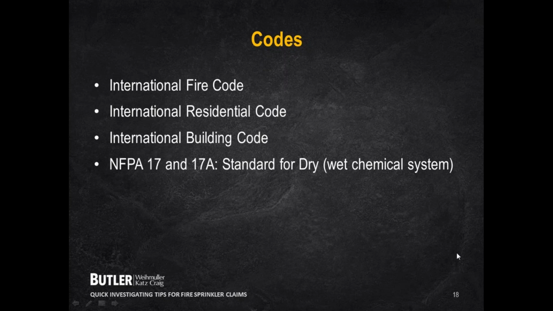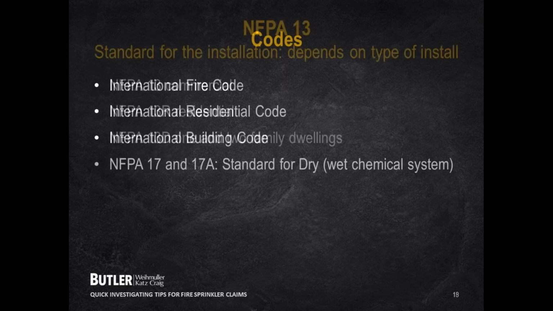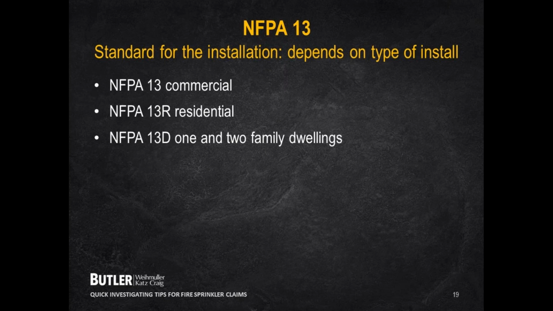That's one of the NFPA guidelines. Okay, the NFPA 13 is the standard for the installation of a fire sprinkler system. So these are all the rules and the laws involving the installation.